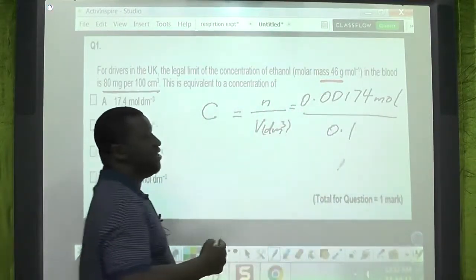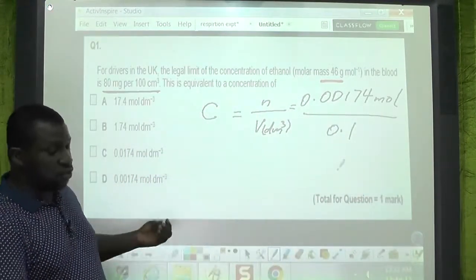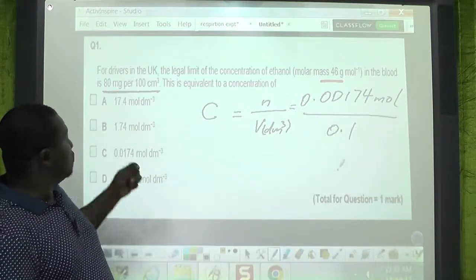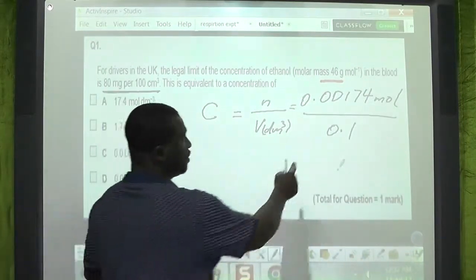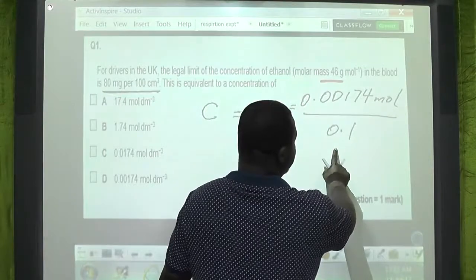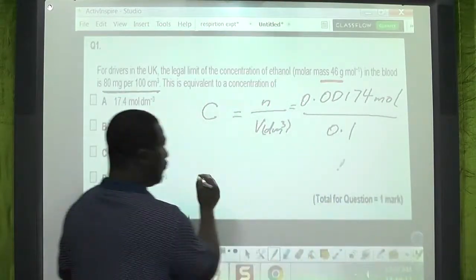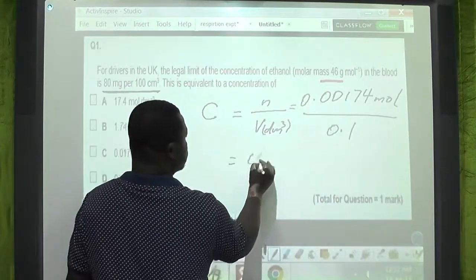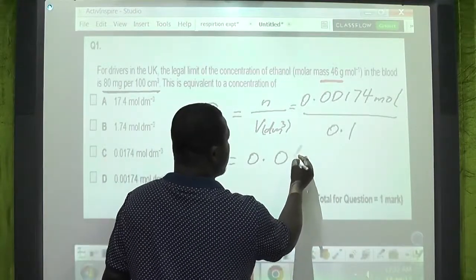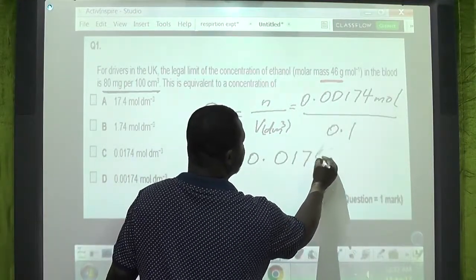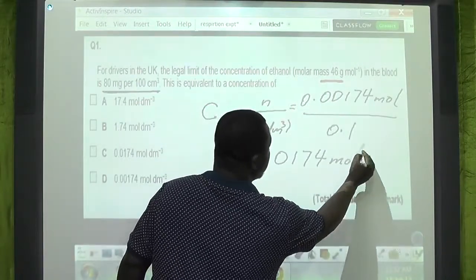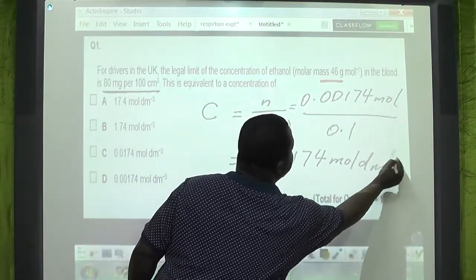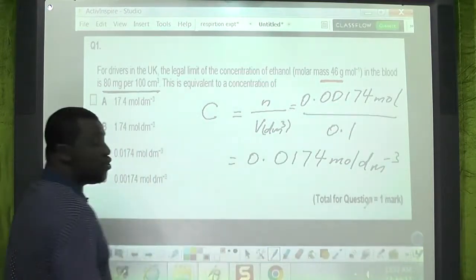When you divide this, you will get the correct answer. Use your calculator to calculate this, and you're going to get 0.0174 mole per dm cube, and that will be your correct answer.